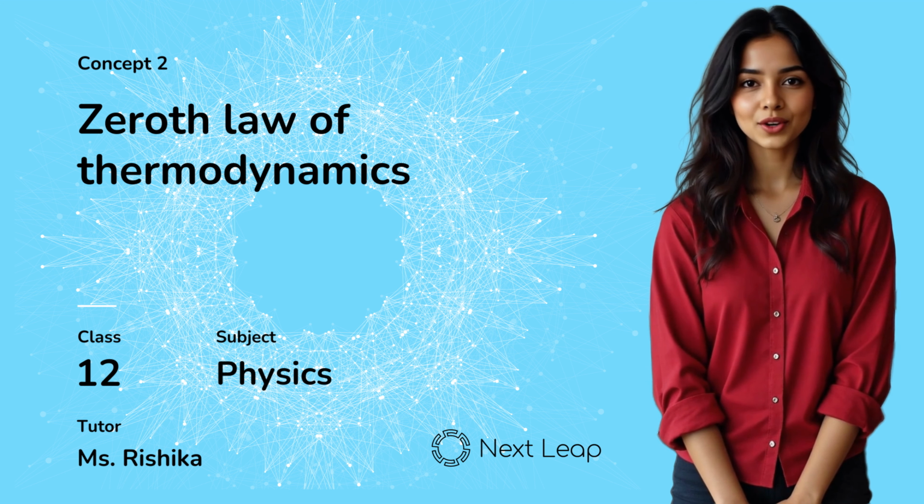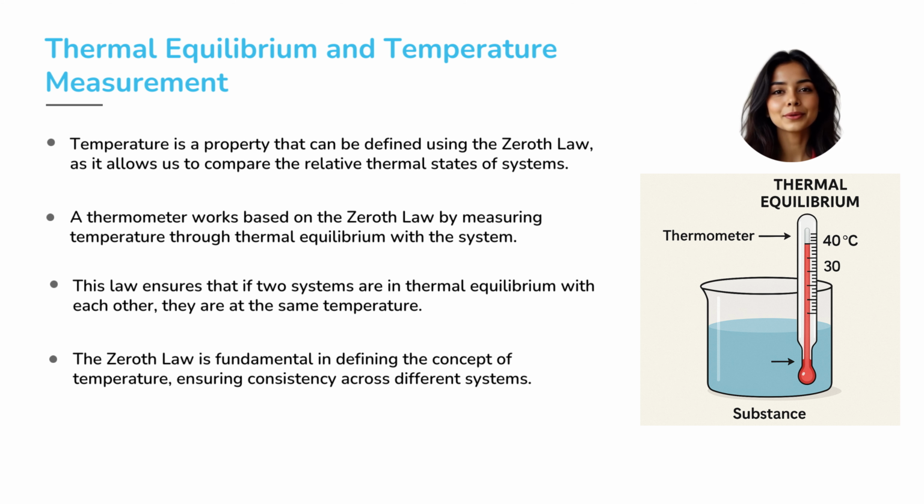Now, let's get deeper into how this works. Thanks to the Zeroth law, we can measure temperature. And when we use a thermometer, we are essentially using this law in action. You know how thermometers work, right? They measure temperature by coming into thermal equilibrium with the system they're measuring.